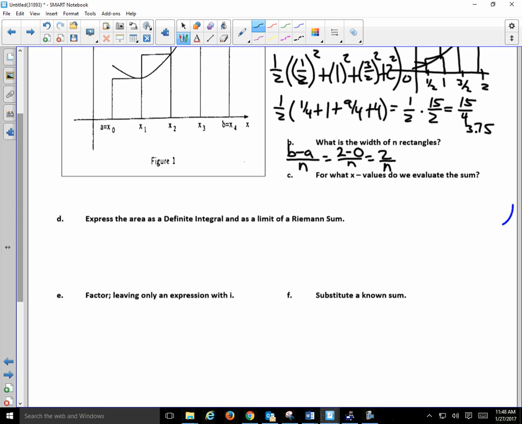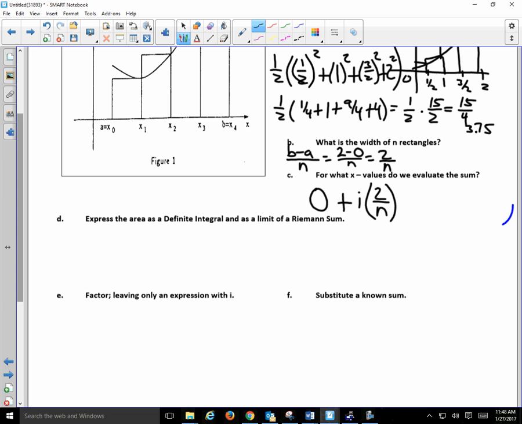We started, look at this, we started at 0, right? We started at 0, and we went over a width. Our new width is not 1/2, but we went over a width. How many widths do we go over? We go over 1, then 2, then 3, then 4, then 5.